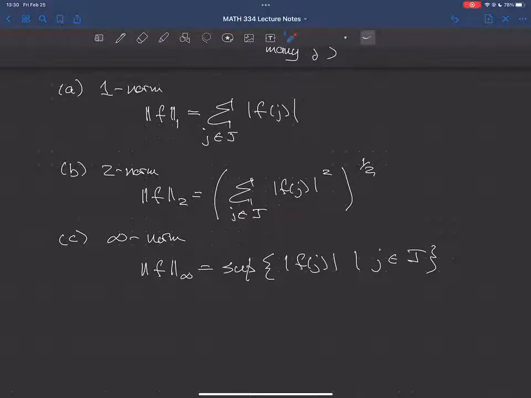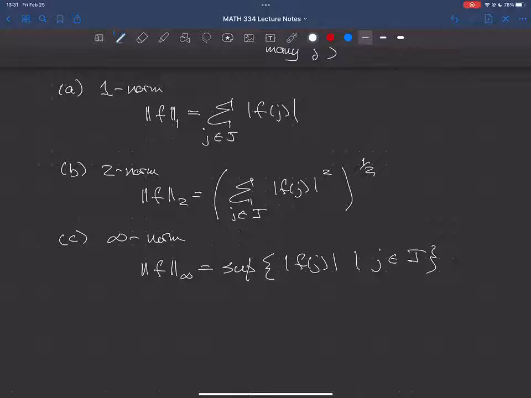And so there's no problem with it converging. Here, again, only finitely many of these, as you run over all possible j's, are non-zero. And so this is a sup of a finite number of positive numbers. So that'll always be well-defined. It won't be infinite. Okay.